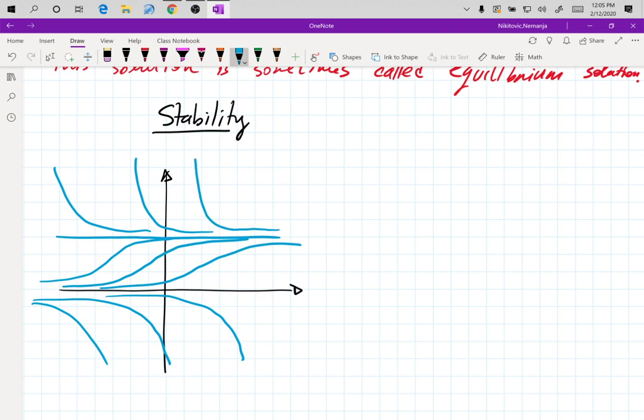Multiple colors are very helpful in this case. So the blue line over here is the solution where x is equal to m. The black line, which is our t-axis, is the solution where x is equal to 0.